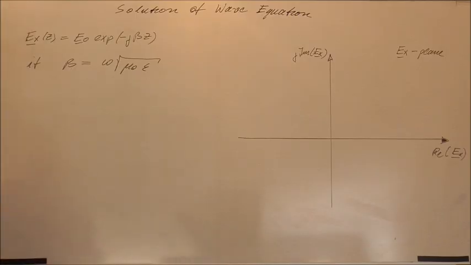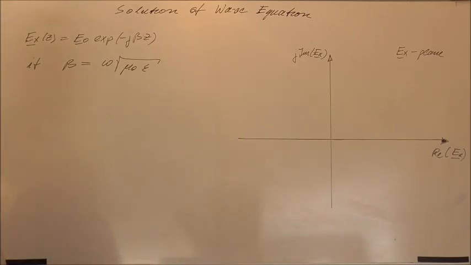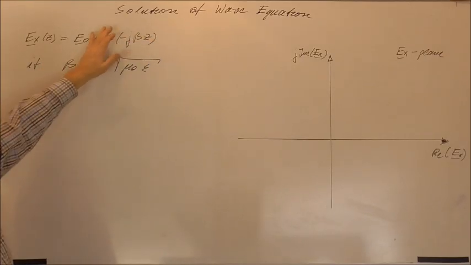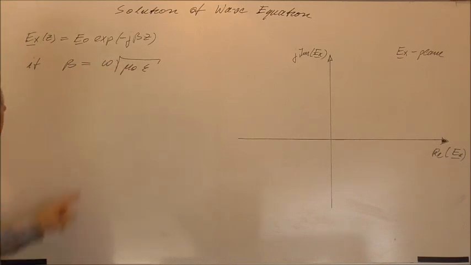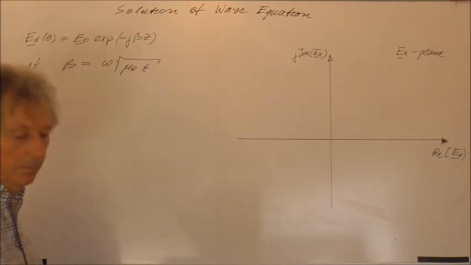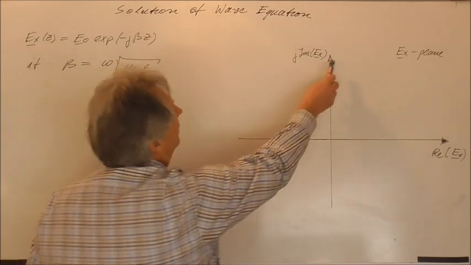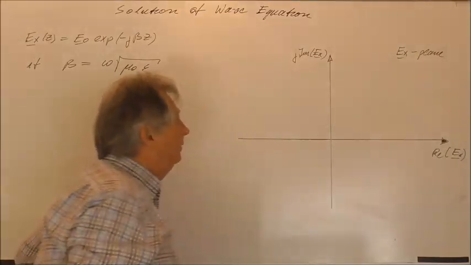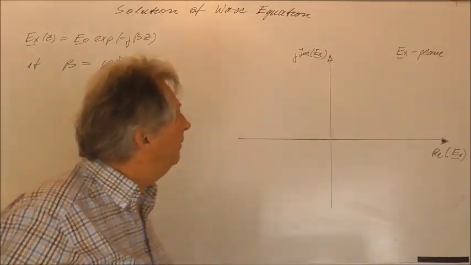So in the first step now I want to discuss this function on a mathematical basis. We saw that the electric field in the x direction has a certain constant which we have to choose, and then we must multiply with the exponential function of minus j beta z. This constant we have to choose on an arbitrary basis, and what I sketched here is the Ex plane.